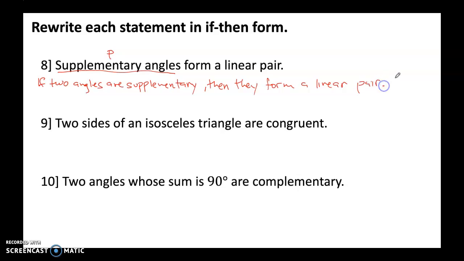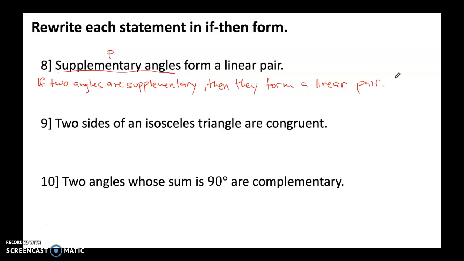So that is our if-then form of supplementary angles form a linear pair. So we can also have if angles are supplementary angles, then they form a linear pair. So why do I write two angles? Because we are talking about angle pairs for the supplementary and linear pair. But it is also acceptable if you write if angles are supplementary, then they form a linear pair.